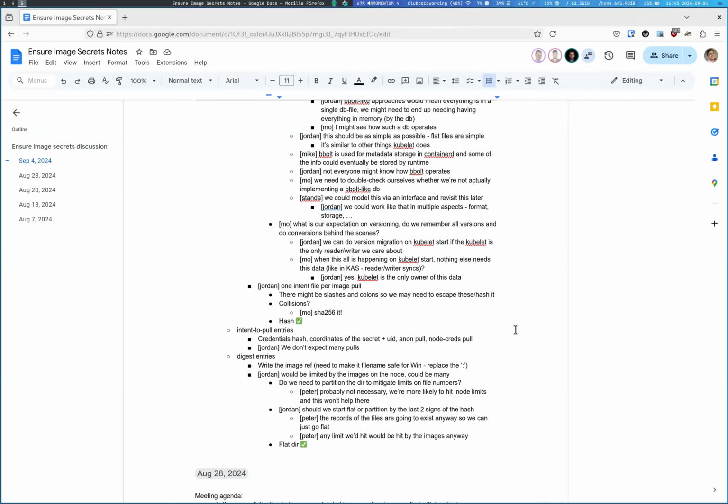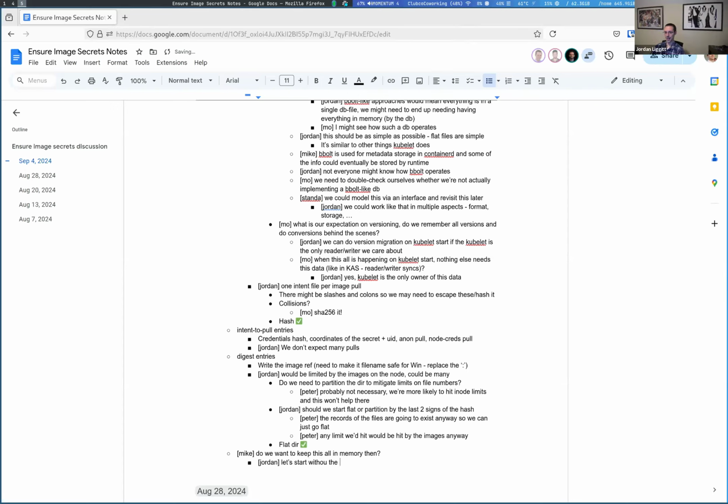I would be fine with starting without a memory layer, and when you ask it about a particular image, it hits the file, loads it, and gives you an answer. It's easy to build an LRU cache or a memory layer on top of that if we want to, and we can see how it does performance-wise. What do you think, Mo?